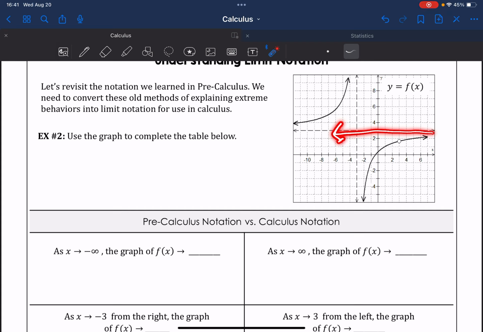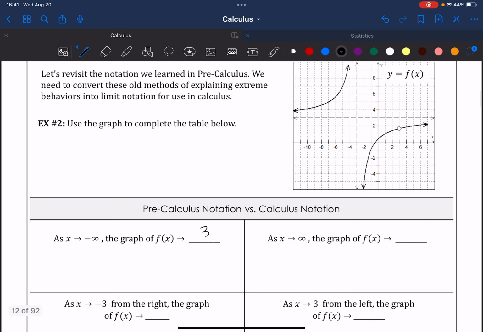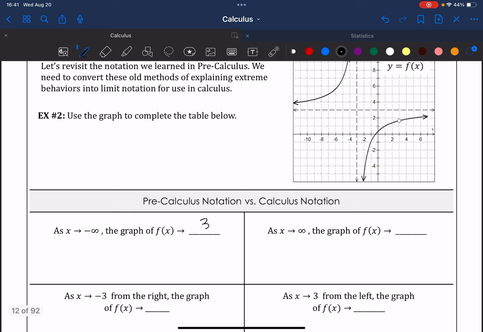We notice that our function is getting very close to our asymptote here at 3, so the answer is 3. The next one, as x approaches infinity, going in the positive direction, we see that again our function is slowly approaching that asymptote of 3.